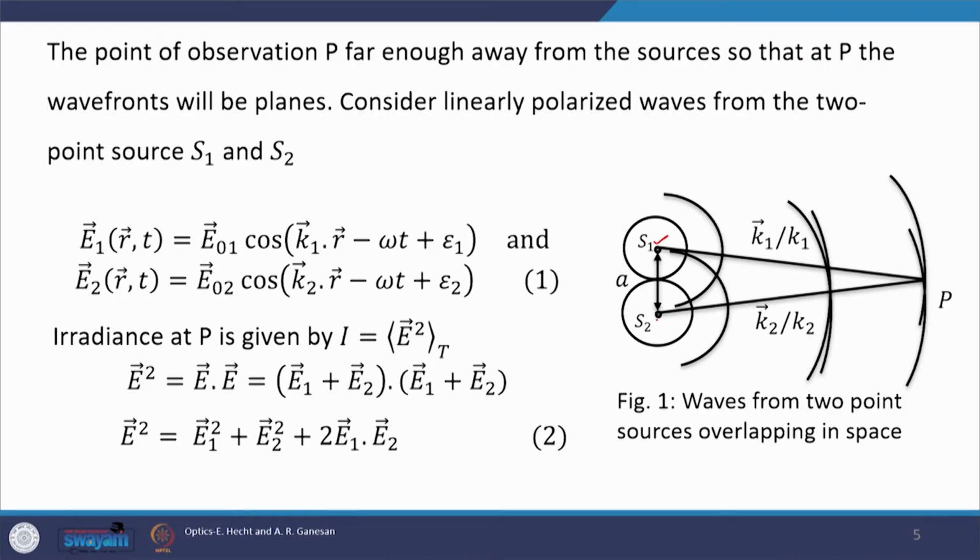Now, having said this, consider we have 2 point sources which are designated by S1 and S2. Since S1 and S2 are point sources, they will emanate spherical wave fronts. The shape of the wave front would be spherical.